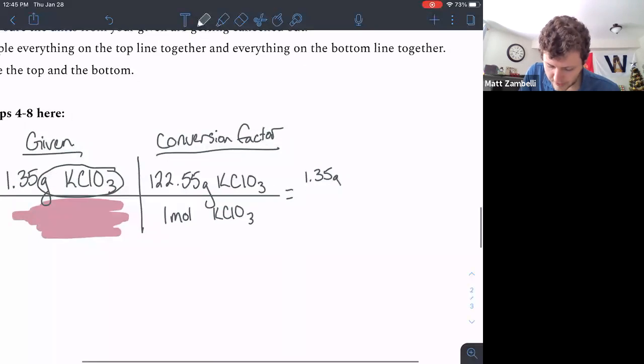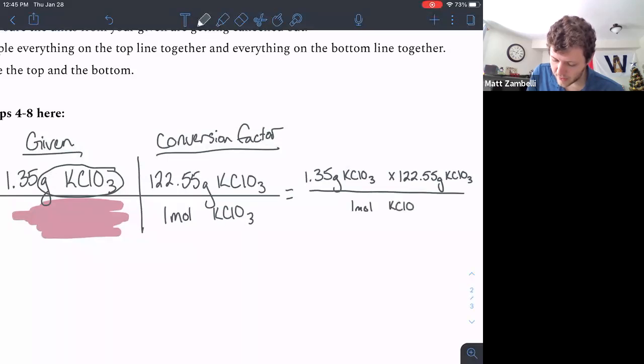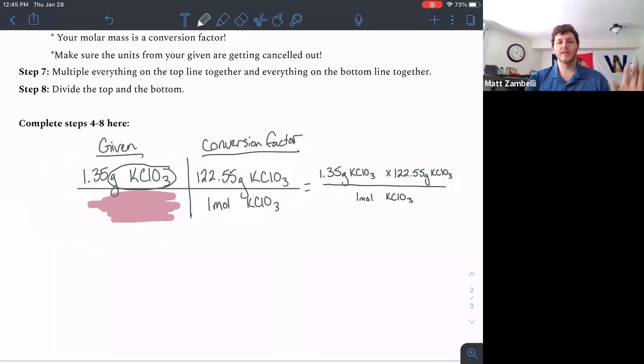So 1.35 grams of KClO3 times 125.55 grams of KClO3 divided by 1 mole of KClO3. We multiply everything on top, and then divide by the number on the bottom.